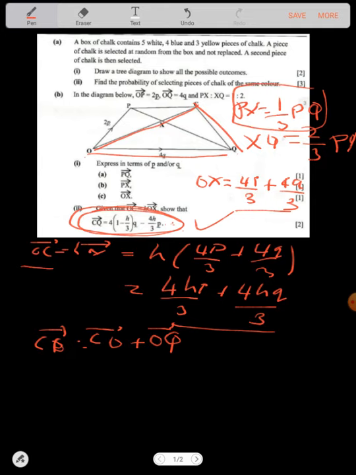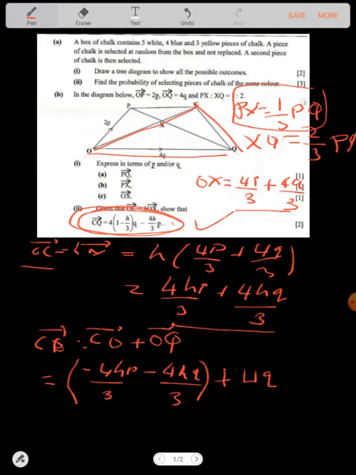So I'm going to introduce a negative here. We're going to have negative 4hP over 3 minus 4hQ over 3. This is what we have as CO. Plus OQ is just 4Q. And from there we know that we can collect the like terms.